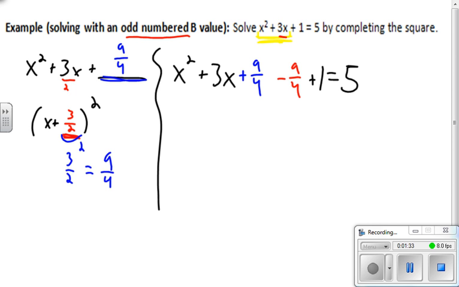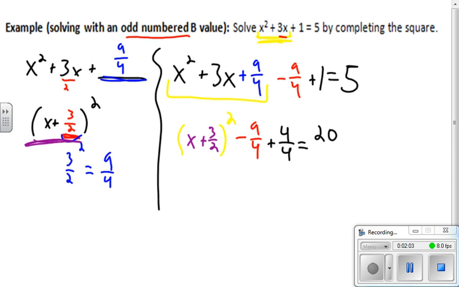This piece here, we can change into our perfect square binomial to say x plus 3 halves quantity squared, still minus 9 fourths. And I'm actually going to change these into fourths so we have a common denominator. So 1 is the same as 4 fourths, and 5 is the same as 20 fourths. So now this is what our equation is starting to look like.